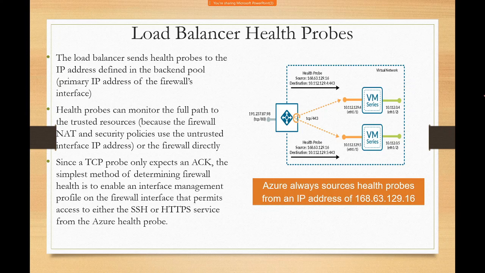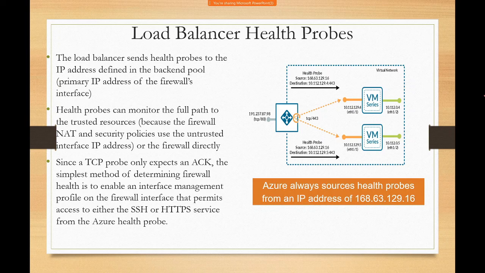So we were discussing the health probes. The very important point is that Azure always sources the health probe from the IP address 168.63.129.16. You have to memorize this IP address. Why I'm telling you, because in case of troubleshooting, in case of TCP dump, when checking whether the health probe is coming on the firewall or not, this IP will help you.